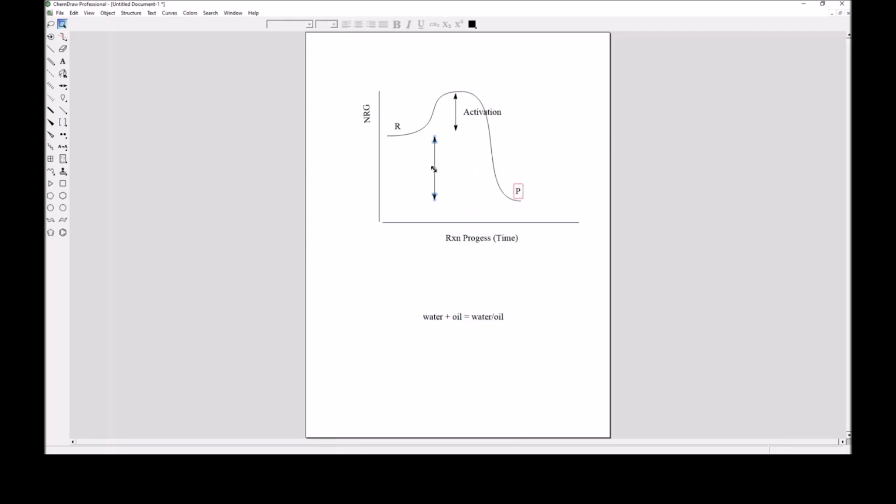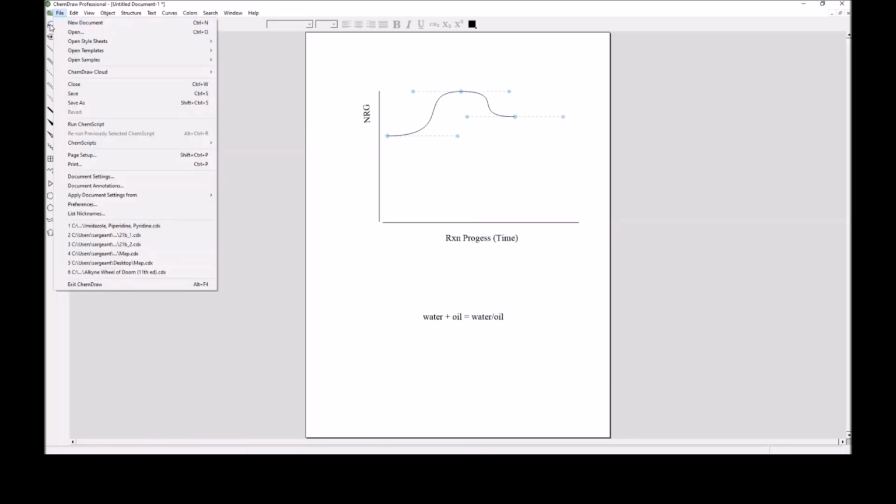And that's because the energy diagram, let me get rid of some of the details here that we don't need, just focusing here on the shape of the curve, it's actually an endothermic process. And so we can change the shape of this curve. And this is more like what happens when you think about water and oil being mixed together.